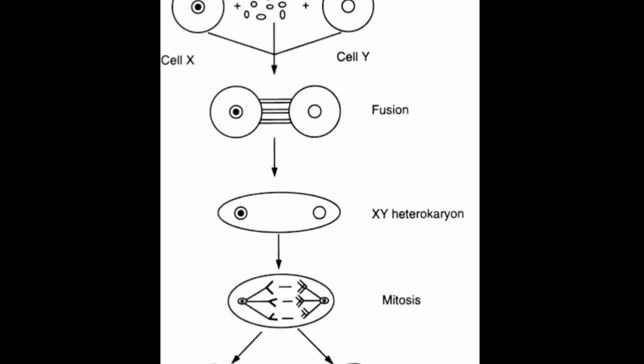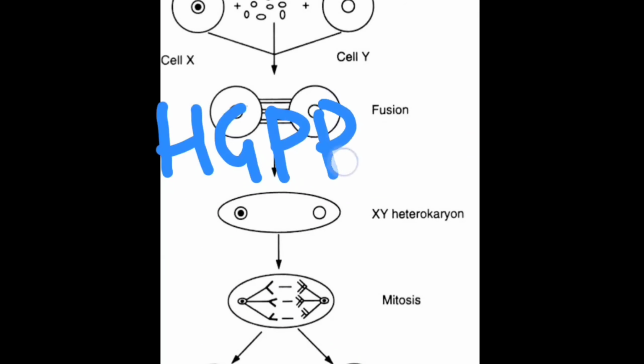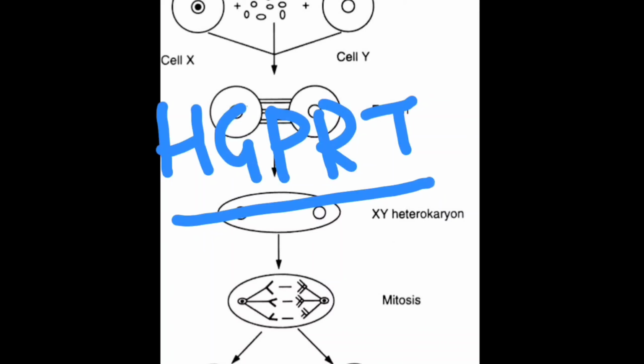Because only the hybridomas have the HGPRT enzyme, which is responsible for survival of the cells within the HAT medium. So this HGPRT enzyme will be produced only by the hybridomas.